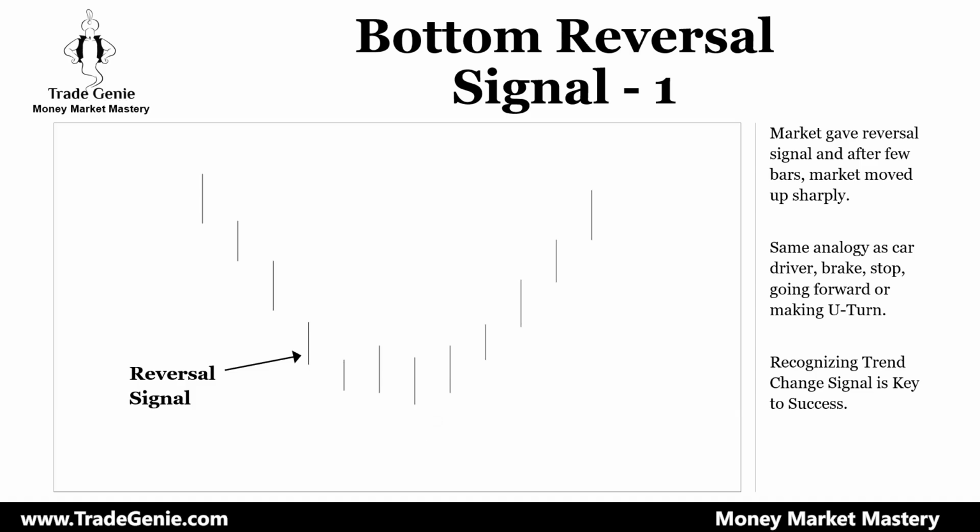It makes a little lower low, then goes up, then a lower low, then goes up. If you count the number of down days and up days, you will see the down days are more than up days, but the net change is very narrow. So it tells you the market is getting ready to reverse.